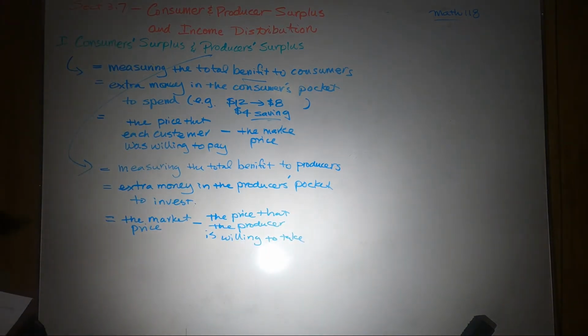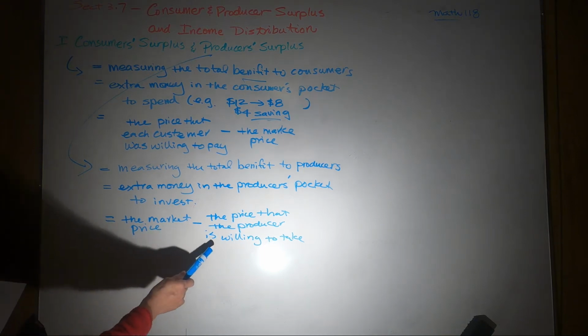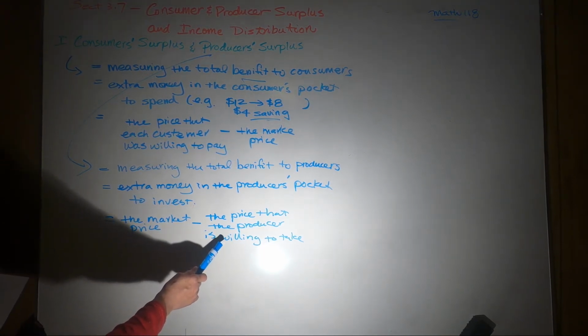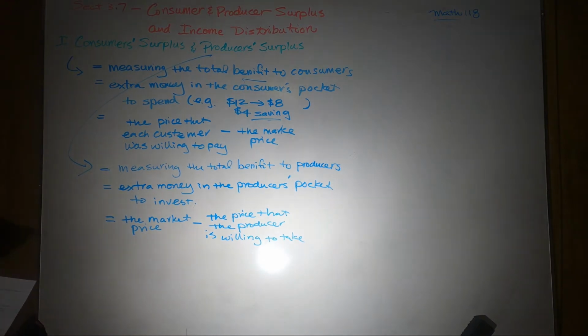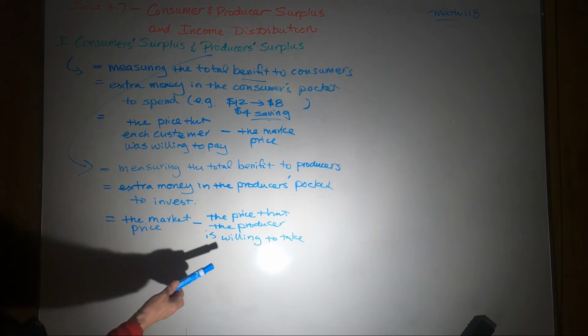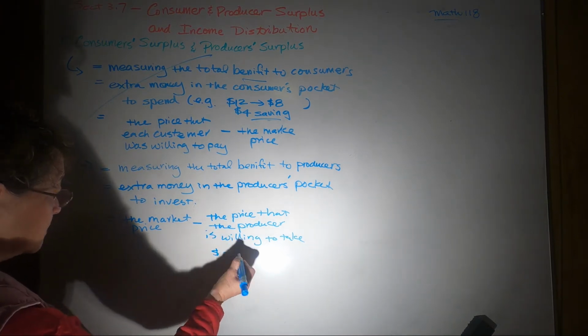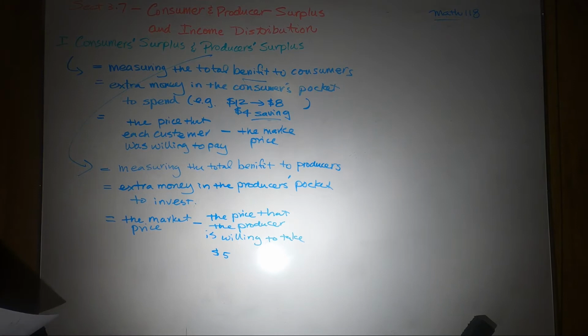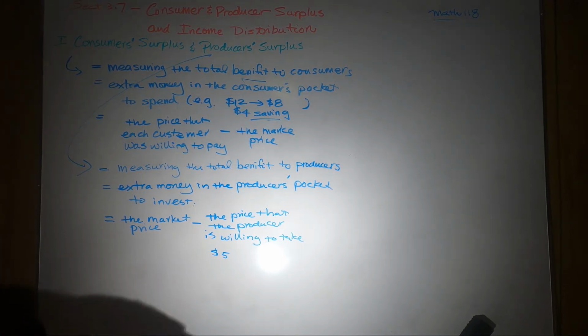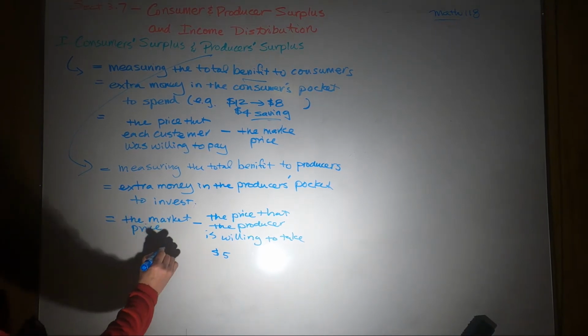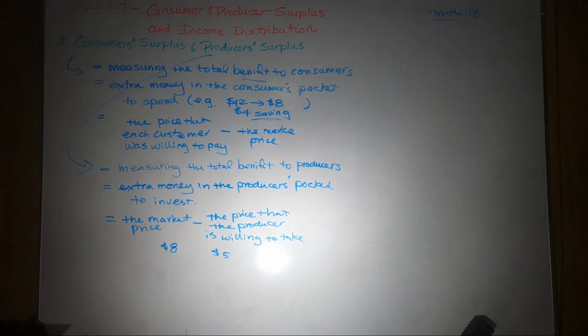So for instance, if the pizza company might be willing to remain in business by dropping the medium pizza, say Domino's, to $5, but the market price is $8.